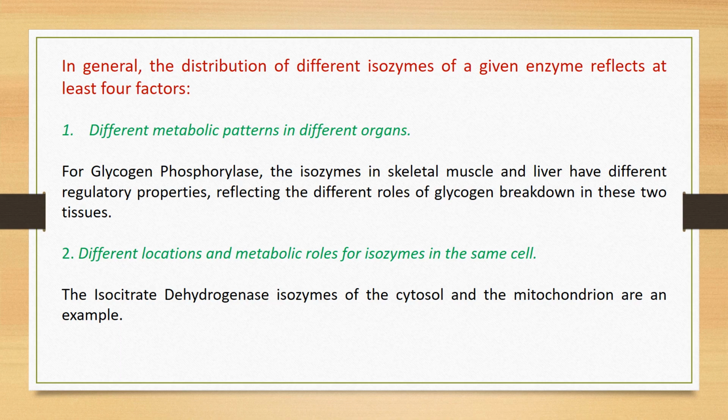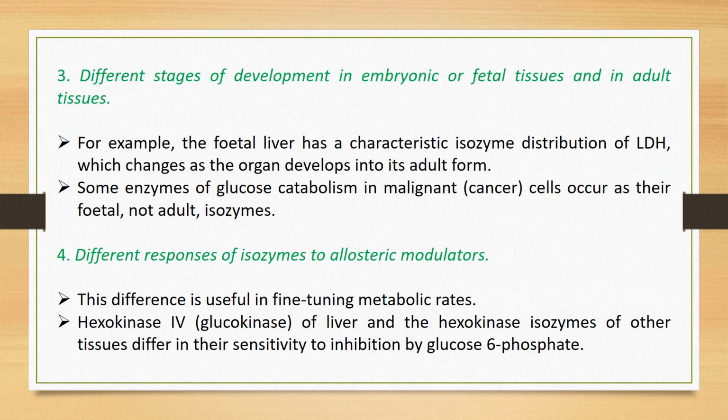Taking the example of isocitrate dehydrogenase, it is present in the cytoplasm and also in the mitochondria of the same cell. The cytoplasmic form of isocitrate dehydrogenase differs in cofactor sensitivity and metabolic function from the mitochondrial isocitrate dehydrogenase.